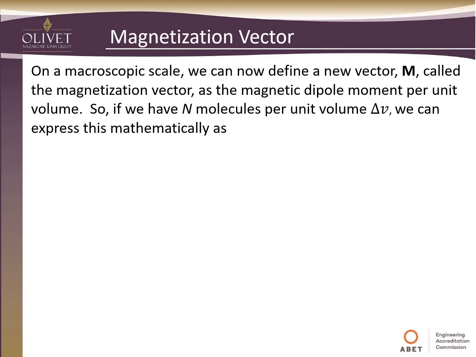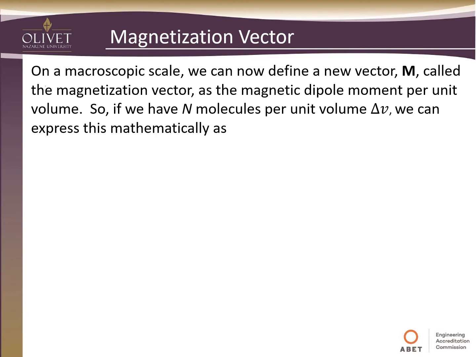So now we're going to look on a macroscopic scale, that is, on the bigger scale. We looked at the molecular level. We're going to back out now and look at the material as a whole. We can now define a new vector, capital M, called the magnetization vector. This is the magnetic dipole moment per unit volume. Before we were looking at the magnetic dipole on the molecule, now we're looking per unit volume.